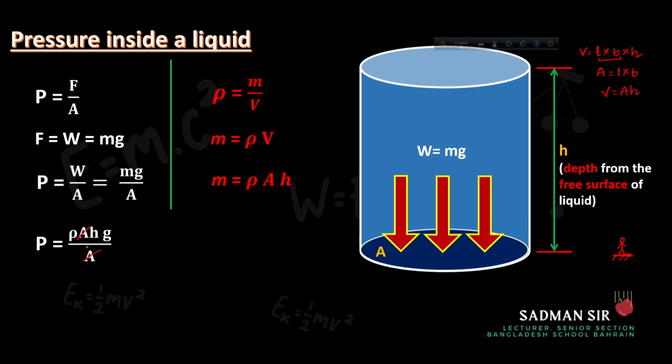So they will cancel each other. So it will finally give us the expression by which we can calculate the pressure inside the liquid, that is H rho G. Now again, I will mention that this H represents the depth from the free surface, and rho represents the density of the liquid or fluid, and G represents the acceleration due to gravity.